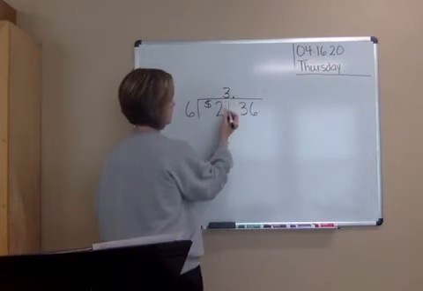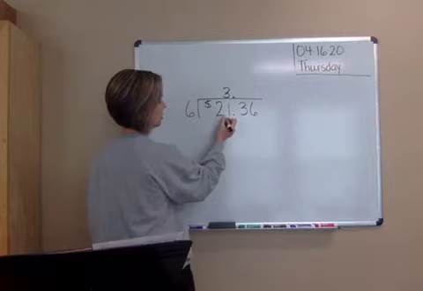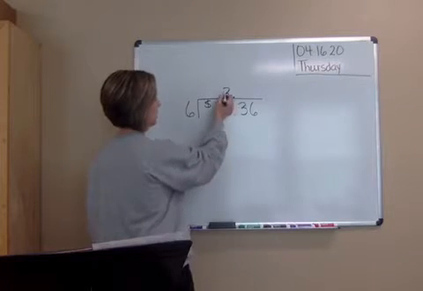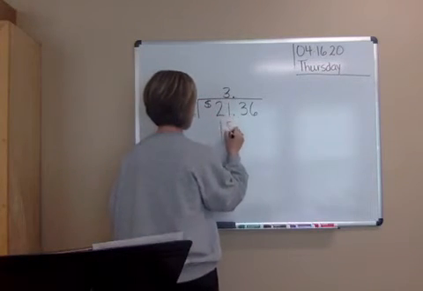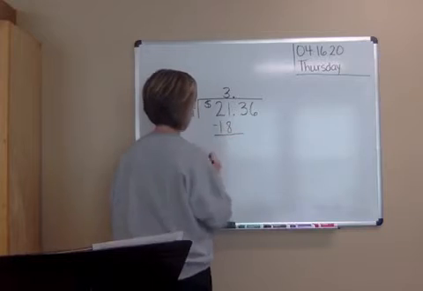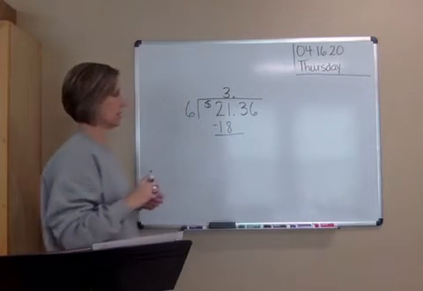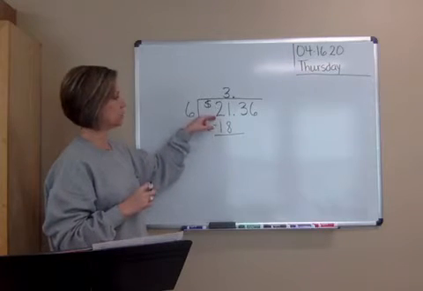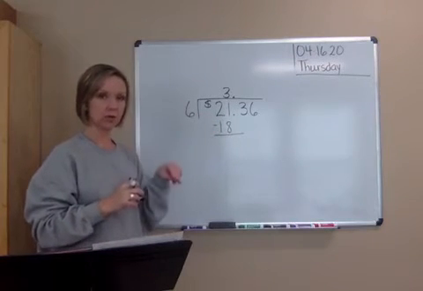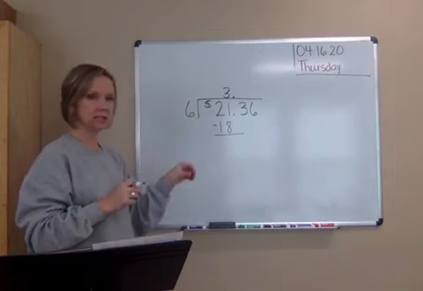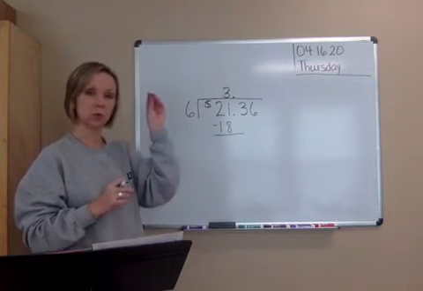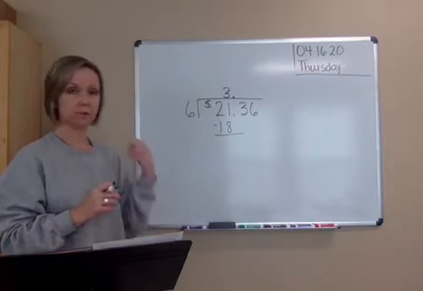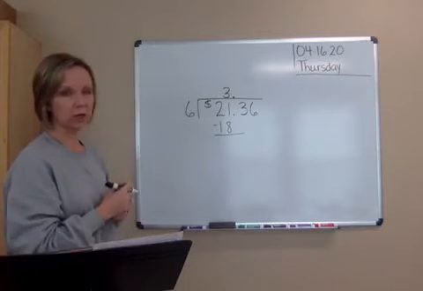Make sure the 3 goes over the 1 so that you're using the whole number of 21. 3 times 6 is 18. You can either borrow, or you can see that 18 and 21 live beside each other in families, 18 being in the teen family, 21 being in the 20 family. You can count it in your head, whichever way you want to do.